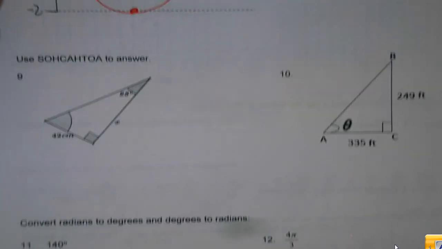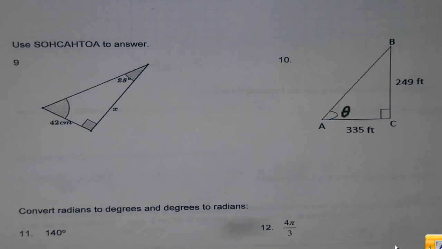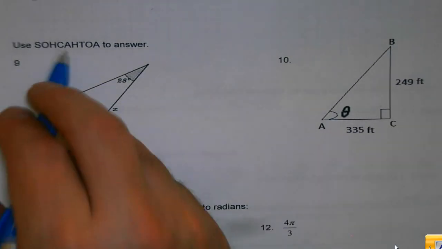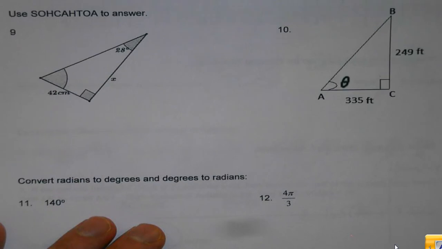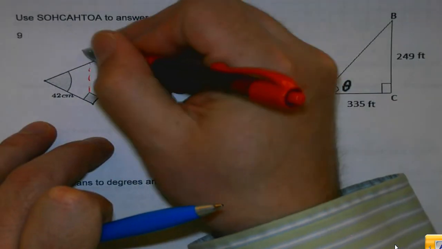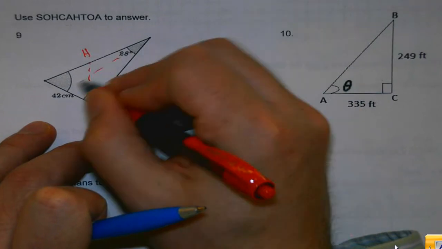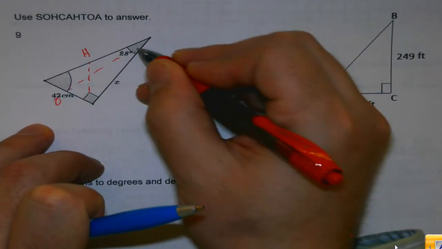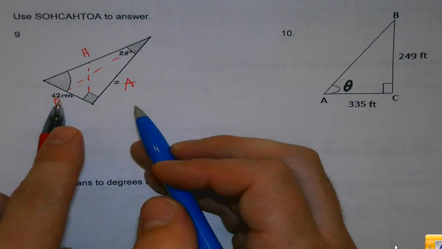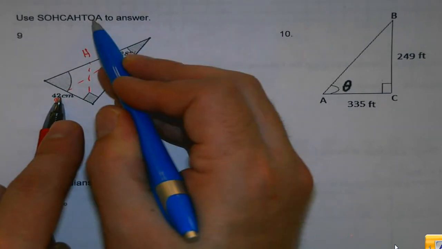Use SOH CAH TOA to answer. Again, the one tomorrow will look just like this. So if you're trying to remember on the front with the applications, oh crap, which one is it? This is inside, so don't flip out. Get my sides labeled. Hypotenuse. There's my opposite, because there's the angle I'm using, which makes this adjacent. So what have I got to work with? Opposite and adjacent. Tangent.